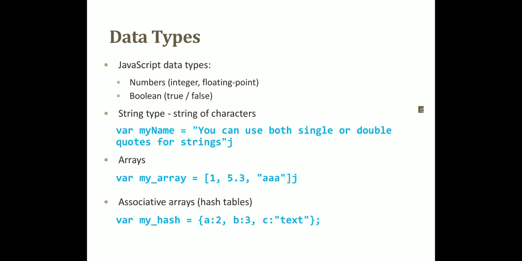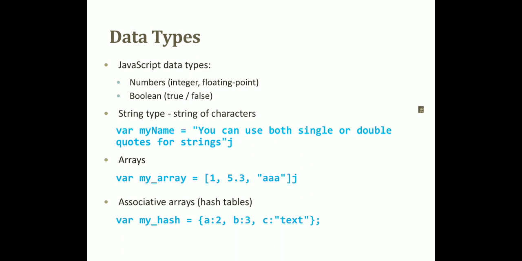Primitive data types include string, number, boolean, null, undefined. And non-primitive data types are object, date, array. That means they hold a collection of values and more complex entities as well.